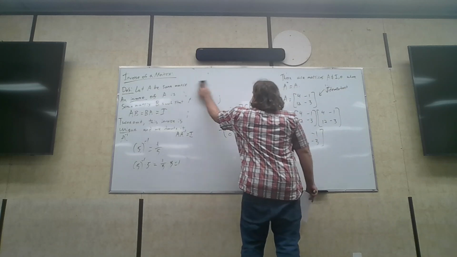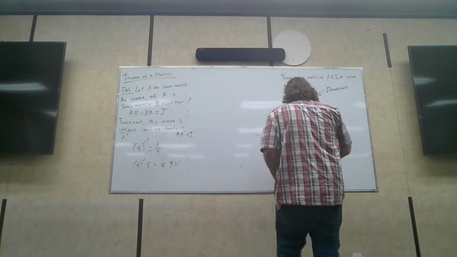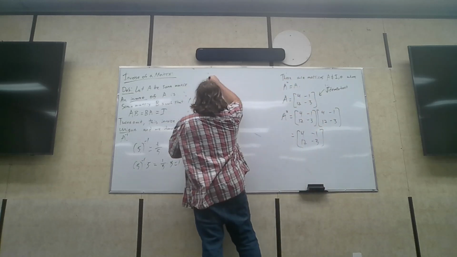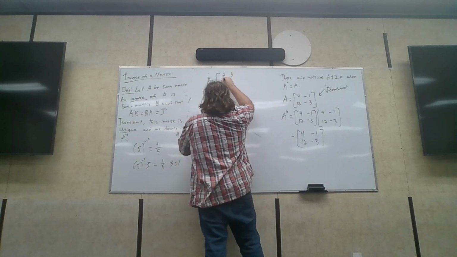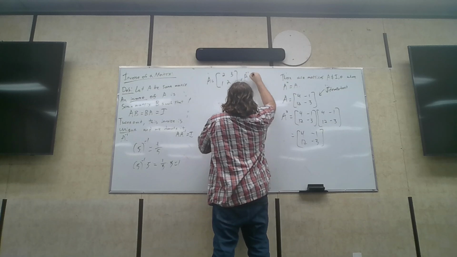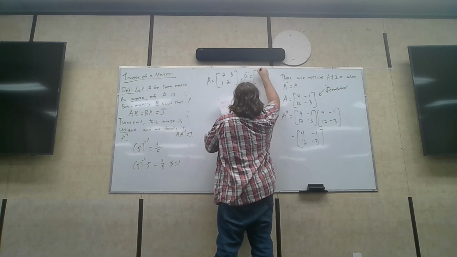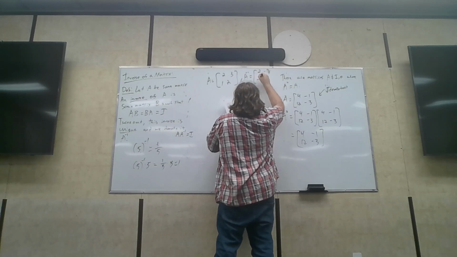So let me just show you a quick example to at least convince you that, yes, these things do exist. So let A be this matrix, and I have to be careful about what I write down. We're going to say A inverse is this: 2, minus 3, minus 1, 2.